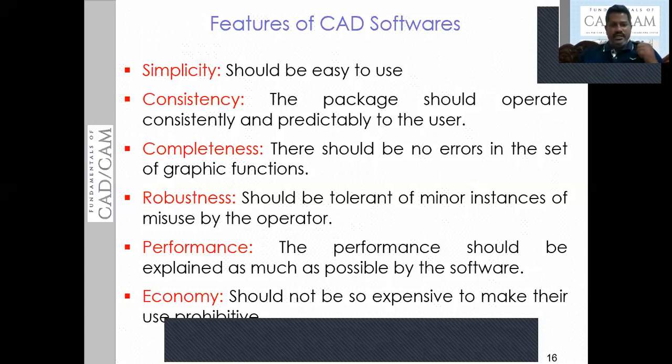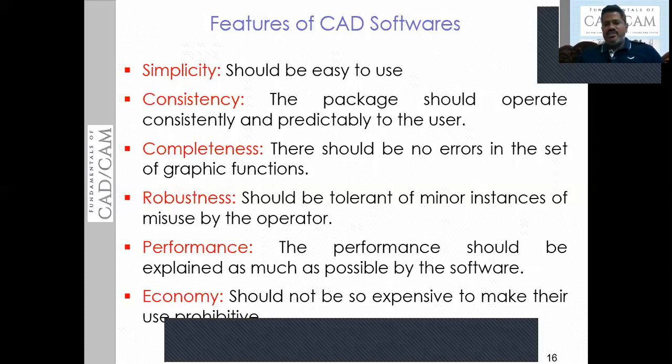Suppose the user makes a mistake; the software must allow us to go back and rectify that error. That is called robustness.